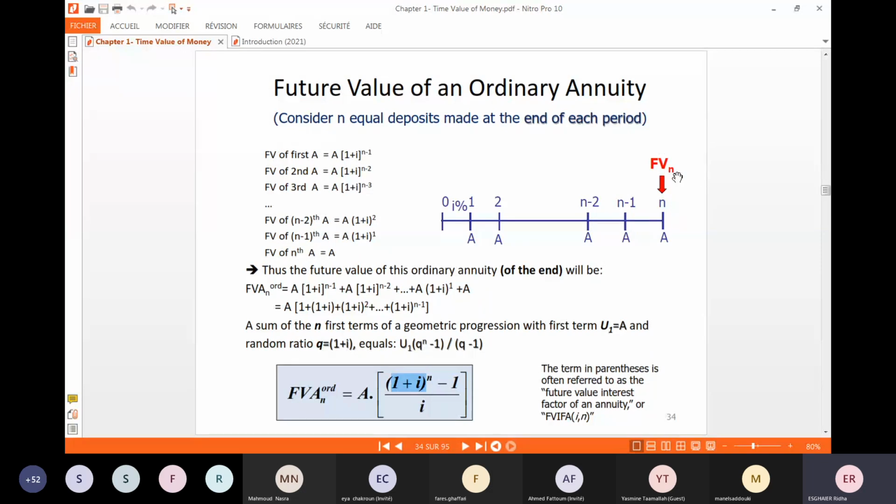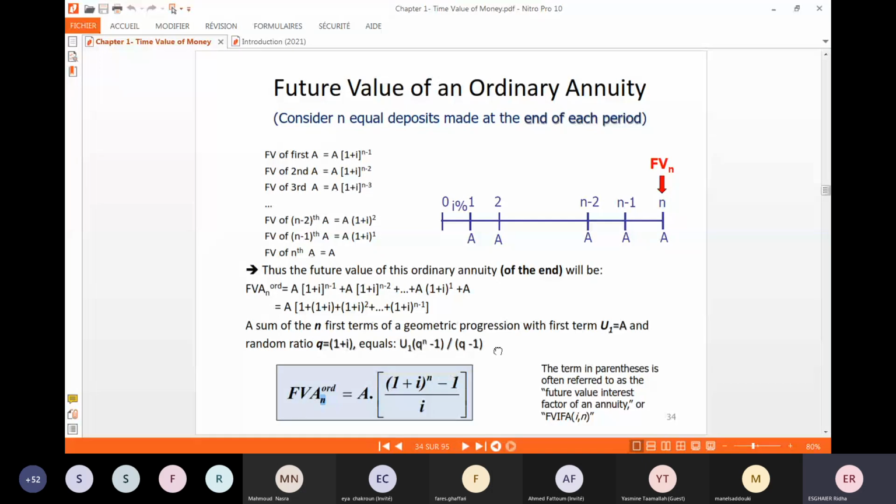The last A occurs at the date n if we start from 1. So the future value of an annuity at the date n is equal to A, the constant amount, times (1 plus the interest rate) power n minus 1, over i.